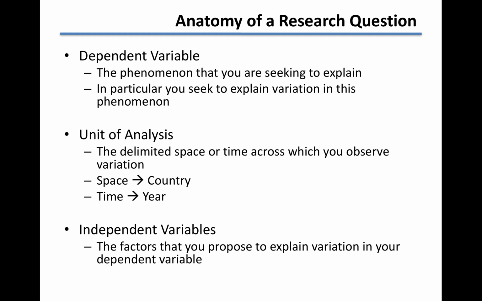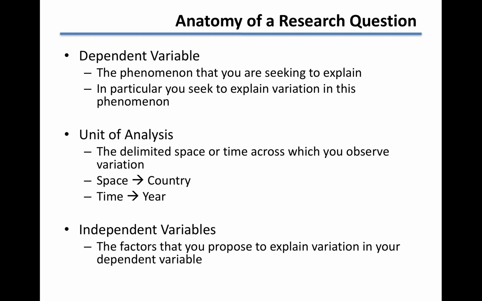And then independent variables. These are the factors that you propose to explain variation in your dependent variable. So this question about wealth, why some countries rich and some countries poor, this is a question that has been asked over the ages in international relations among both political scientists and economists and sociologists. And to some extent, it's a question we still don't completely know the answer to. There's still some unexplained variation, so to say, for this question.